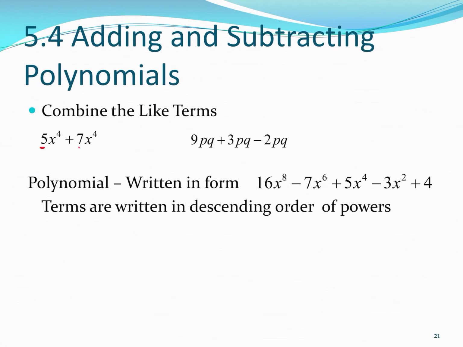So let's do one real quickly. So if we're going to add 5x to the fourth plus 7x to the fourth, when we're adding terms, all you do is combine the coefficient, the number in the front. In this case, the 5 and the 7 are the numbers that we're combining. That x to the fourth, we're going to treat it like it's some random thing. For example, if I said we were to take 5 chairs and add that to 7 other chairs, well, what do we have?